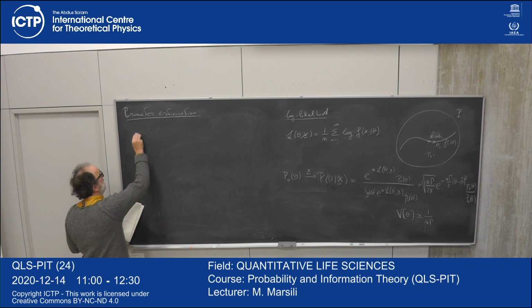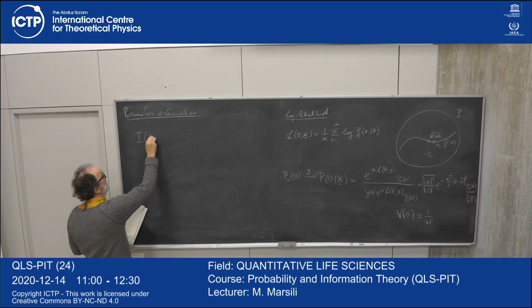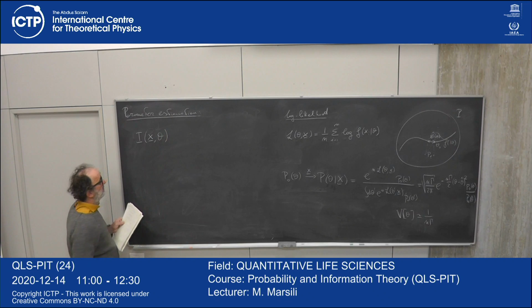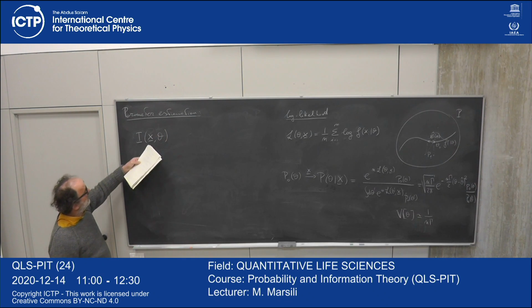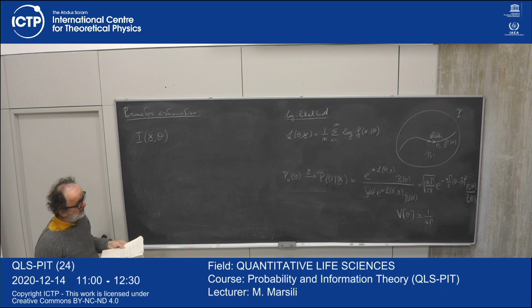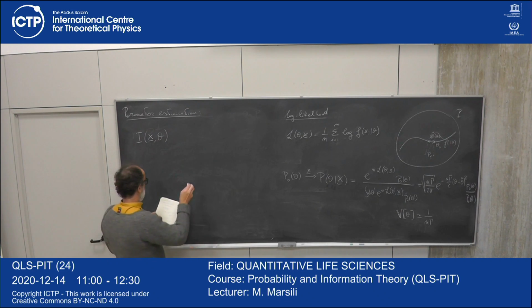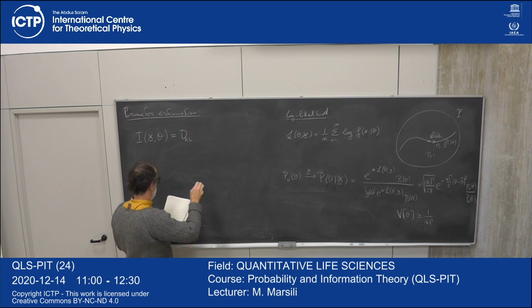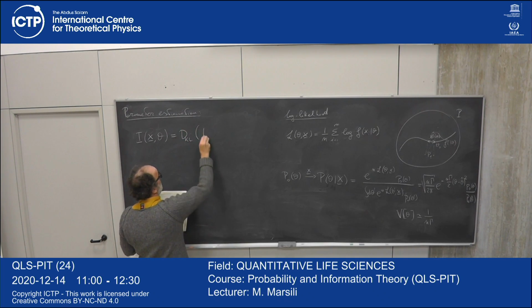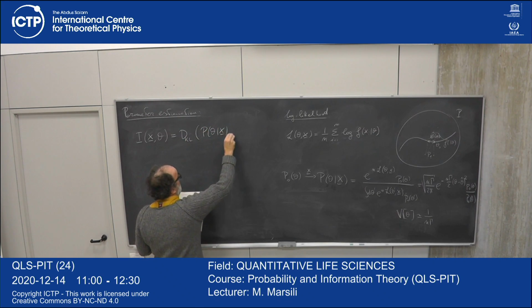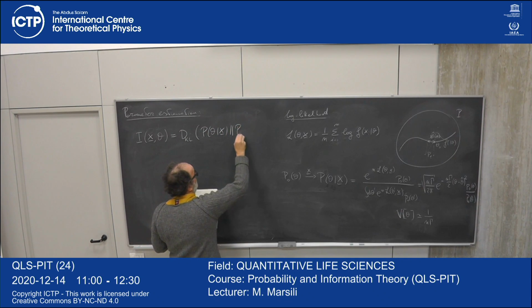The quantity that we learn is the mutual information between the sample and the parameter, essentially how much the sample tells us about the parameter theta, which is what we a priori don't know. And you can write this as the Kullback-Leibler divergence between the posterior distribution and the prior distribution.